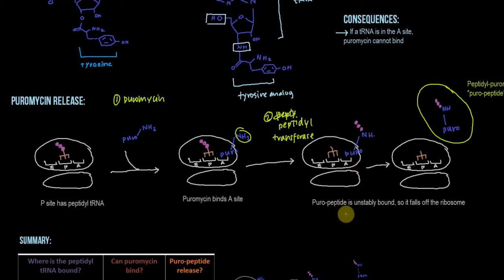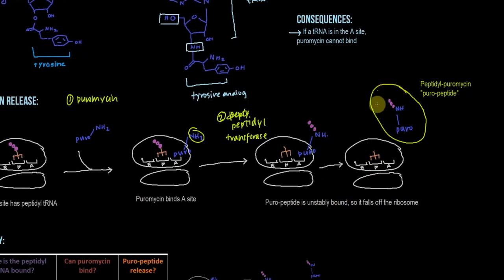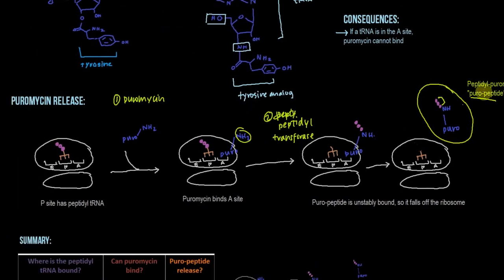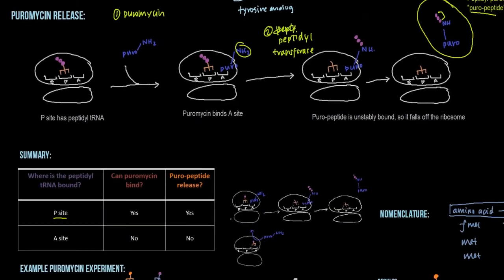Now, this puropeptide is unstably bound, so it actually falls off the ribosome. And it's the falling off of this peptidyl puromycin, which I'm abbreviating as puropeptide, that we actually measure, because typically, whatever the peptide is, or the polypeptide that we initially have on this tRNA, will be radiolabeled, so this entire thing becomes radiolabeled.